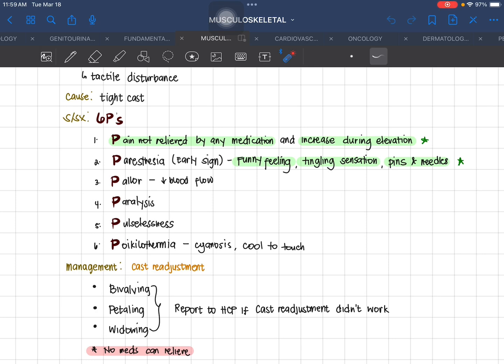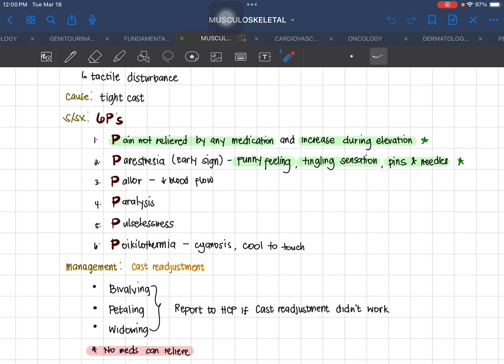Tandaan natin na, okay, so isa-isa na natin yung 6 P's ng compartment syndrome. First P is pain that cannot be relieved by any medication. Also, nag-increase yung pain kapag ina-elevate mo yung affected part. Next P is paresthesia, which is early sign ng compartment syndrome. So, makakita ka ng funny feeling, tingling sensation, o pins and needles.